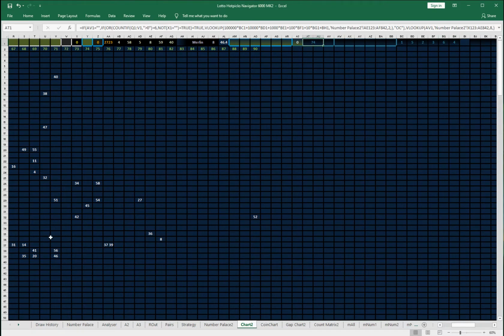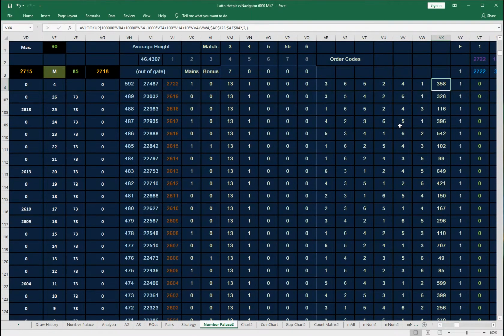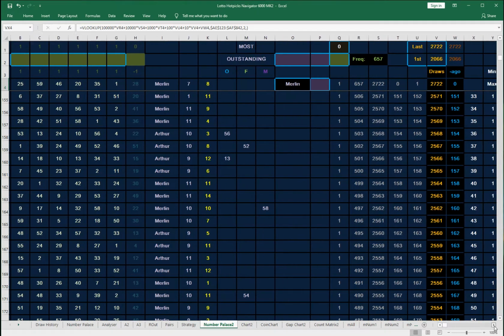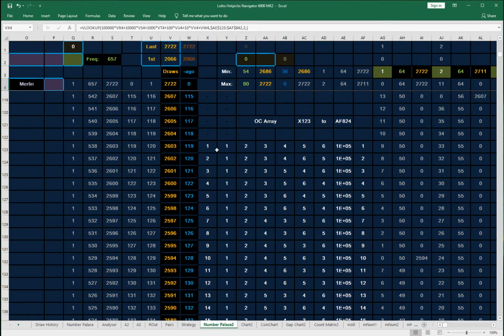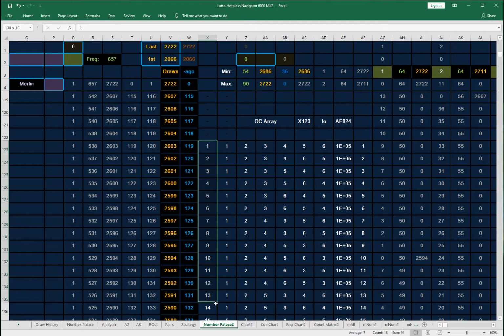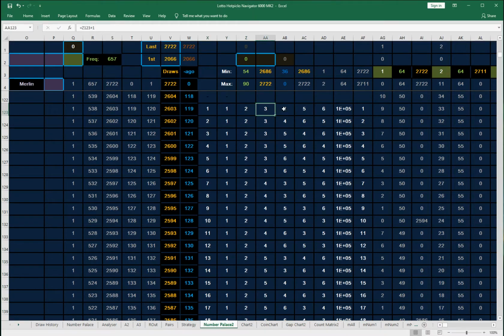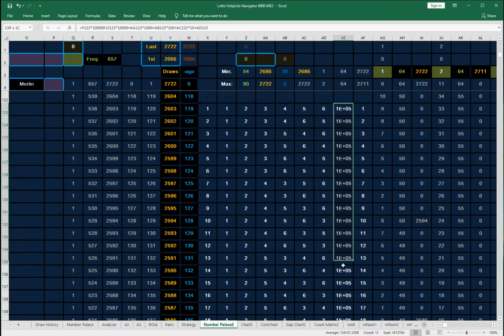Order number 74. Now, this is where I get the order numbers from. These are the order codes. They are all listed in this array. And what that does is it has an increasing counter on the side, and it has all the possible order codes in ascending numerical order.